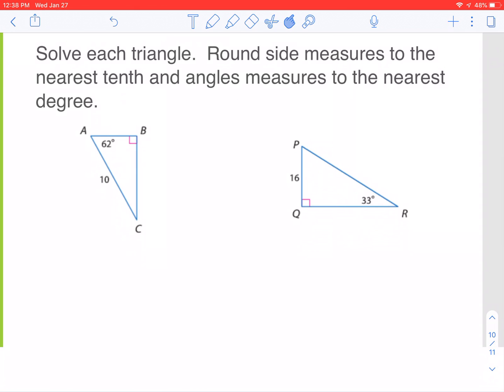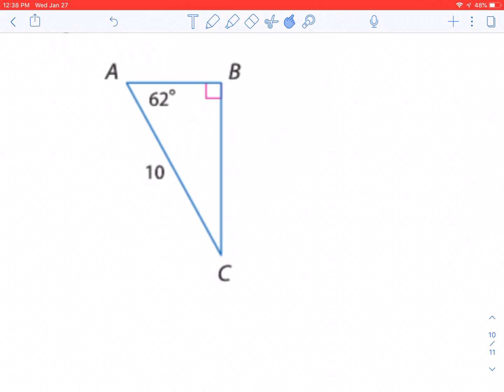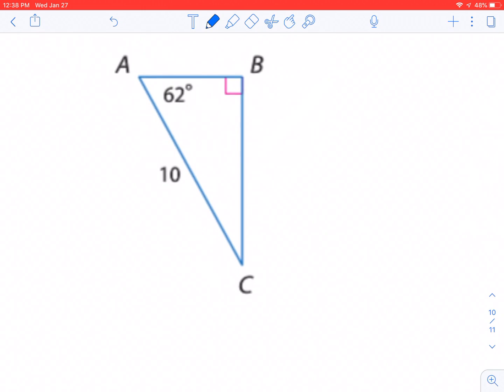Okay? If you're given one angle, let's just do this one. Let's do one more. I already know this is going to be 28. How do I know that? 90 minus 62. But now I got to find A and B. Okay? Let's find A first.